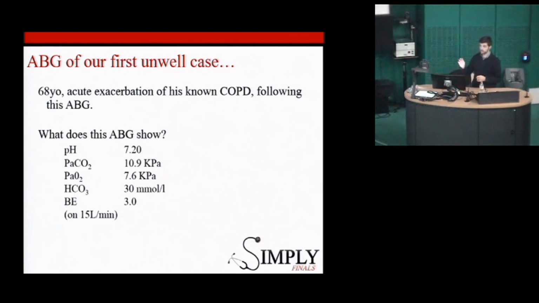So the pH is low, so it's acidosis. And what's causing that acidosis? CO2 being high causes acidosis, so it's a respiratory acidosis with some compensation because the bicarb, which is alkalotic, is high. Does that fit with this patient is the last question you should ask.